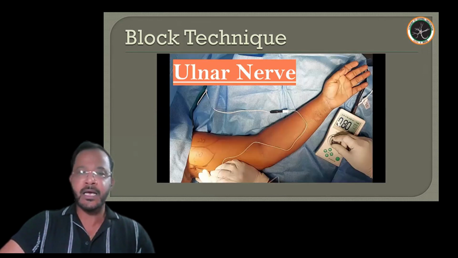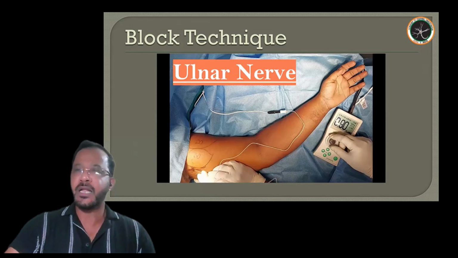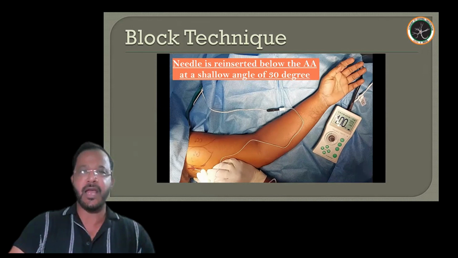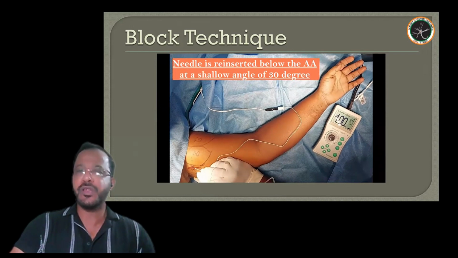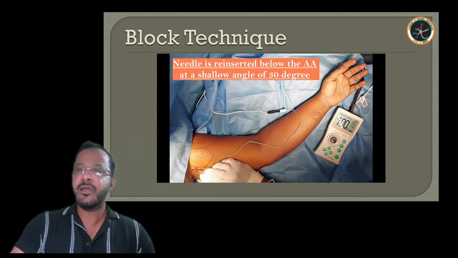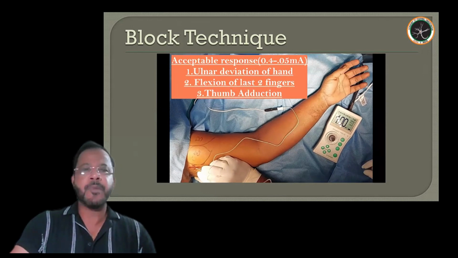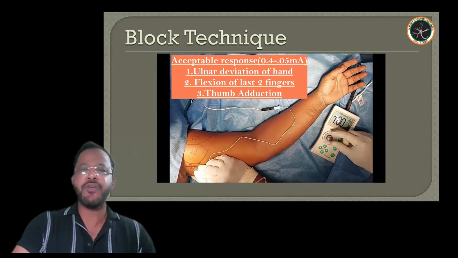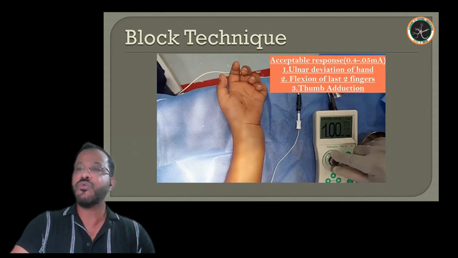Now, for the ulnar nerve, the needle is inserted at a shallow angle of 30 degree below the axillary artery. And what is the response which you want to see? The response which you will want to see is either thumb adduction, ulnar deviation of hand, or flexion of last two fingers.